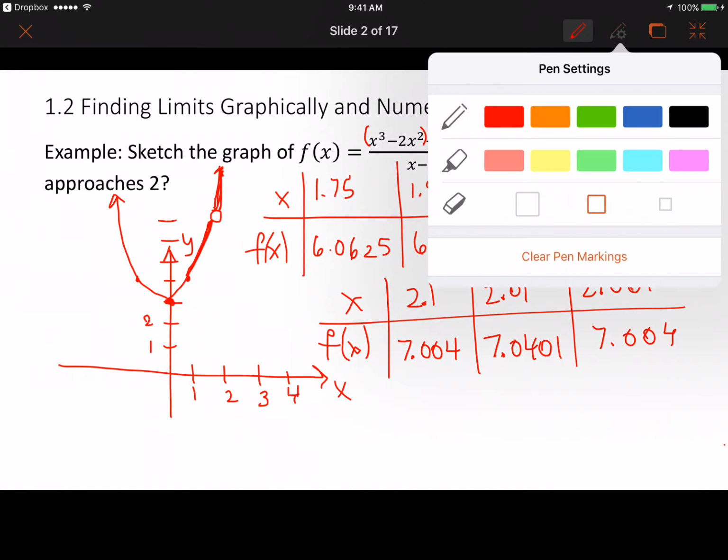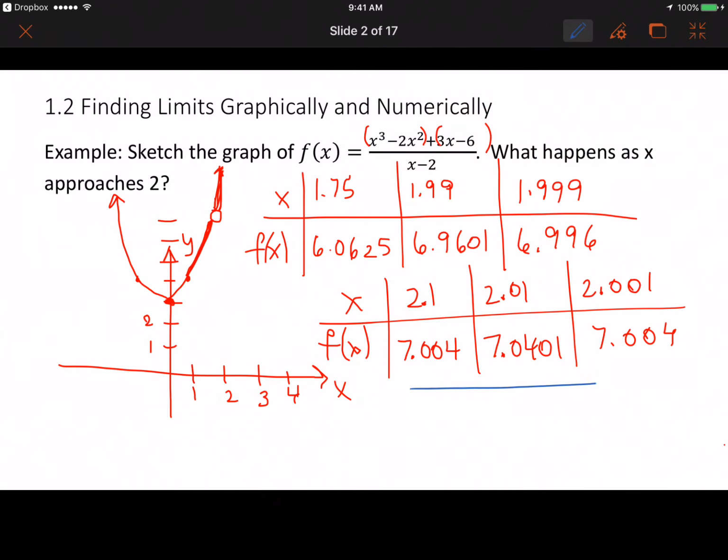And you can see that these values are getting closer and closer to 7. Now I see I've made an error here. When I plugged in 2.1, you should get 7.41. I apologize. And these values also are getting closer and closer to 7.